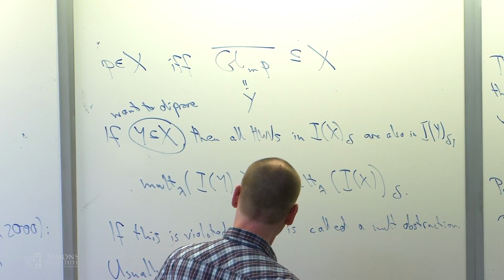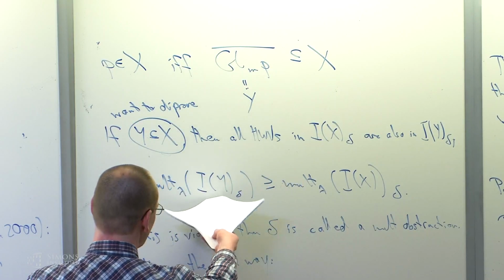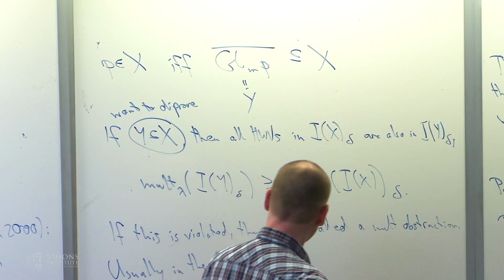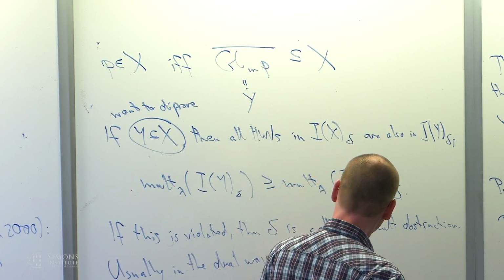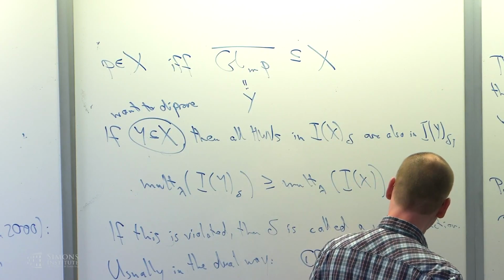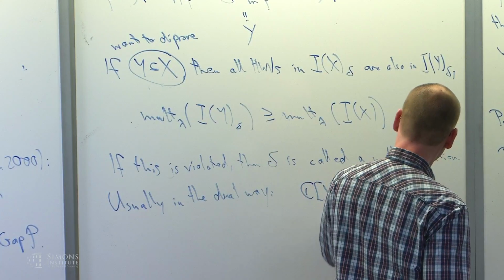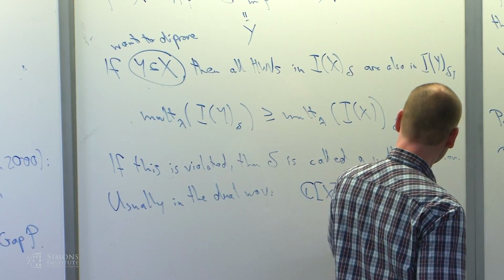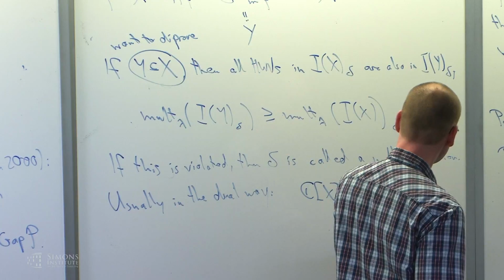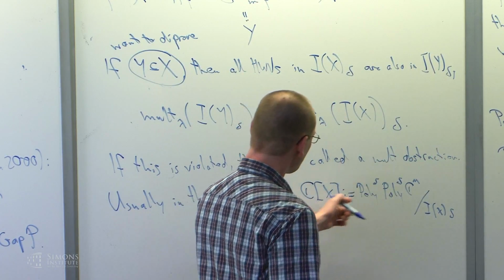Usually you do this dually, over the coordinate rings. Instead of the vanishing ideal, you look at the coordinate ring. I define this as the quotient, so you quotient out the vanishing ideal. This is usually what algebraic geometers do, so you might as well do that too.